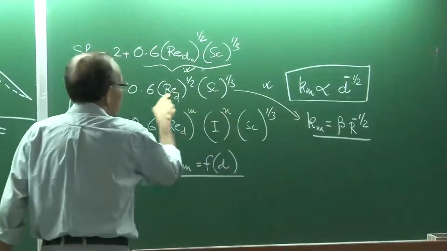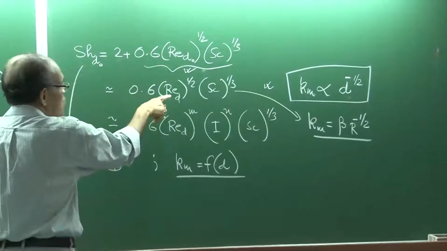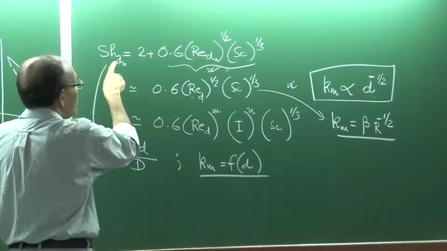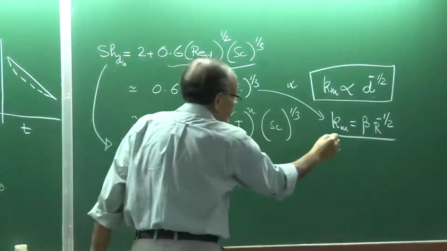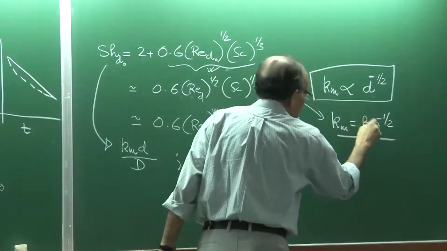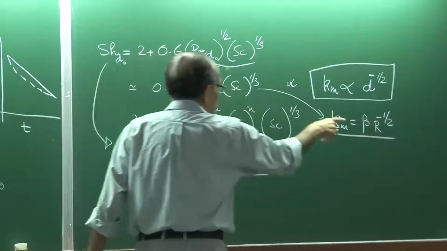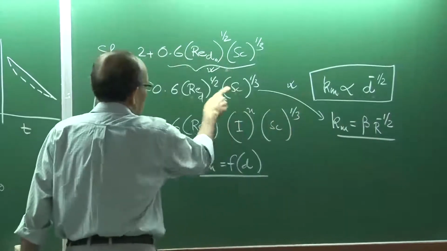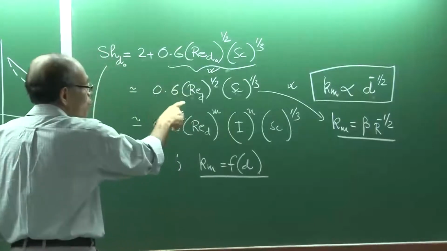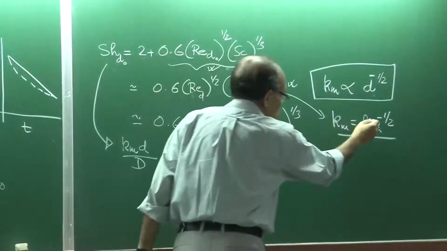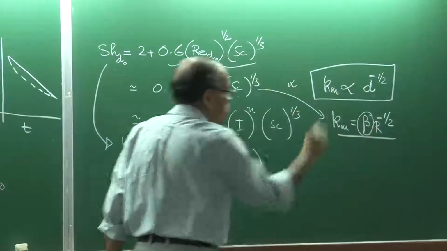Schmidt number is constant, Reynolds number, all parameters are constant except the diameter, and the diffusion coefficient is constant here. From here if you manipulate, we get this, where beta is a constant, which is a function of the Schmidt number, the kinematic viscosity, the diffusion coefficient, the factor of 0.6, all engulfed in this constant parameter.